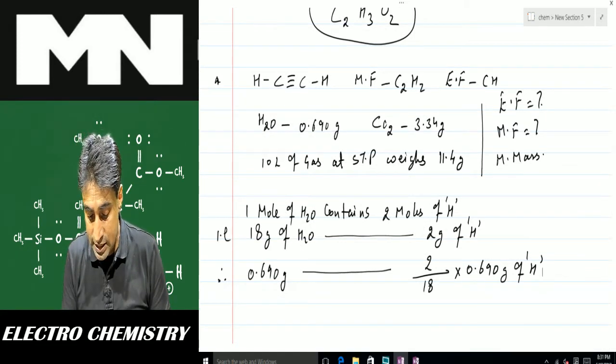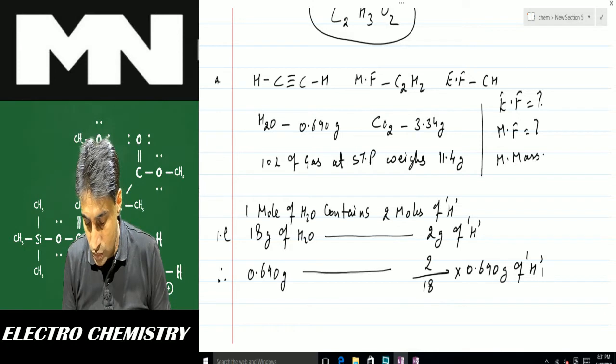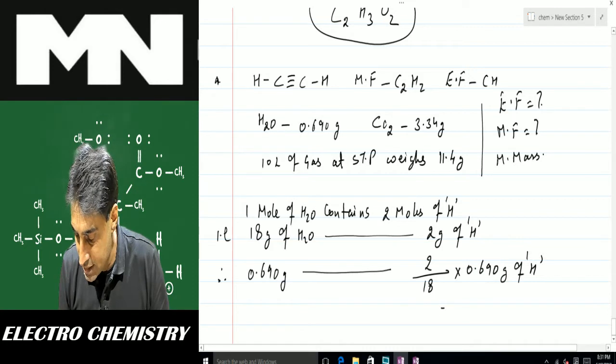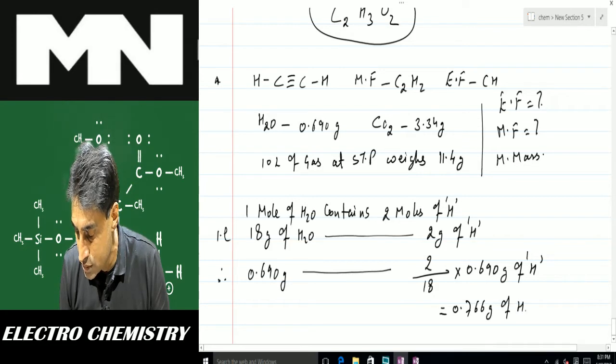Well, in this case, 0.690 multiplied by 2 comes out to be 1.38, and if I divide it by 18, it comes out to be 0.0766 grams of hydrogen.